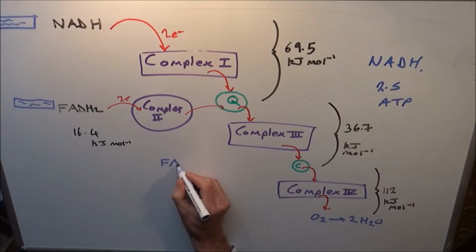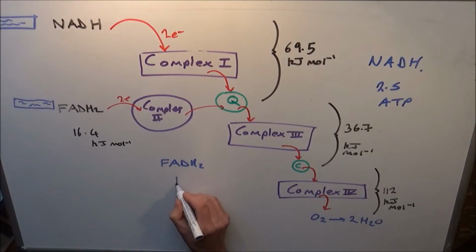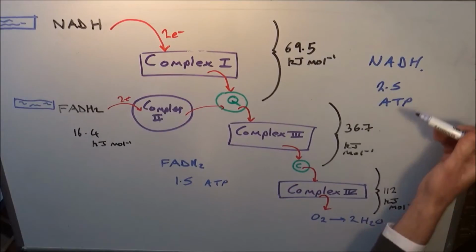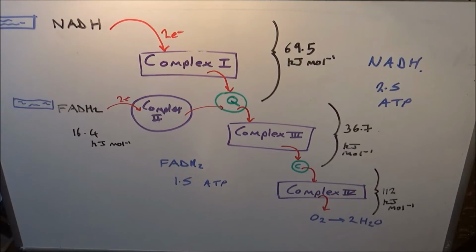Per molecule of FADH2, in practice you get about 1.5 molecules of ATP produced. Again, we've seen already that it's not 100% efficient. In principle we could get 7 from NADH, but we get 2.5, and you can work out what we would get from FADH2.